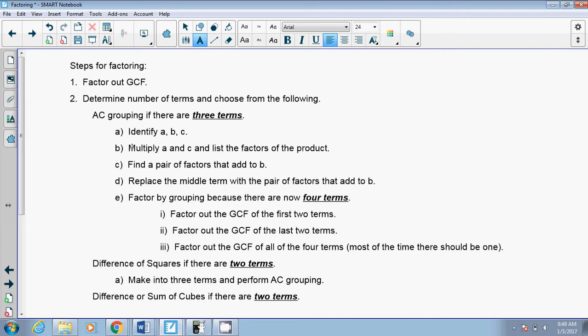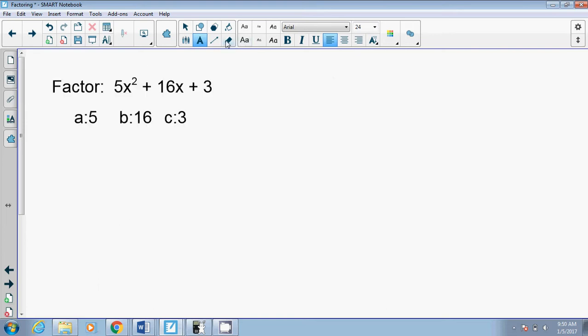So my next step, I'm going to multiply A and C and list the factors. A is 5, C is 3, so I get 15.